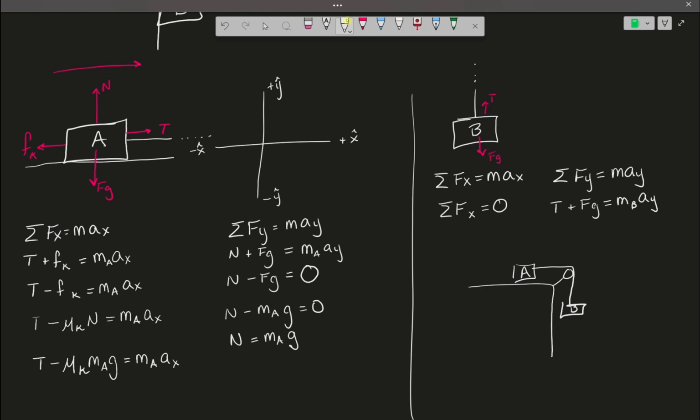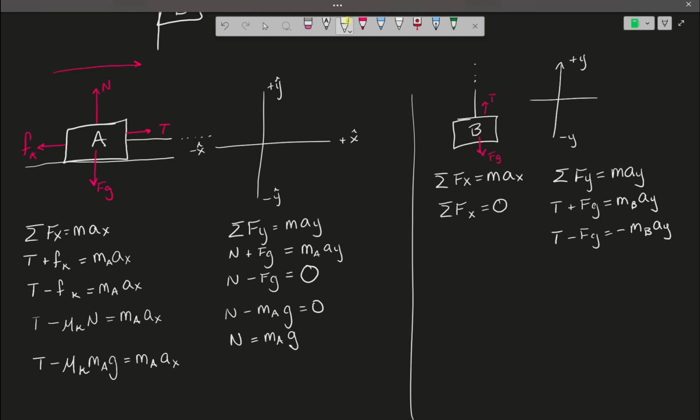So my directionality here for the acceleration has to be in this negative y direction. So my tension is in the positive y direction. My force of gravity is in the negative y direction, and if there's going to be any motion at all, it is going to be in the negative y direction, meaning that this acceleration would have a negative directionality to it.